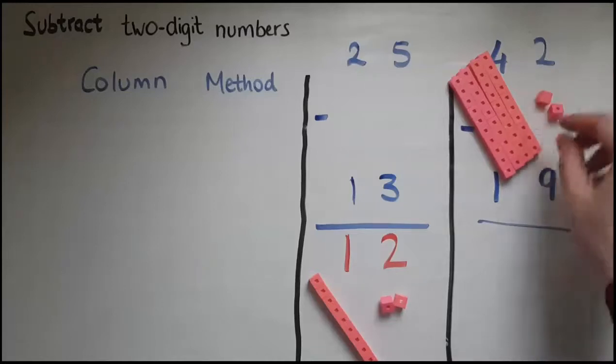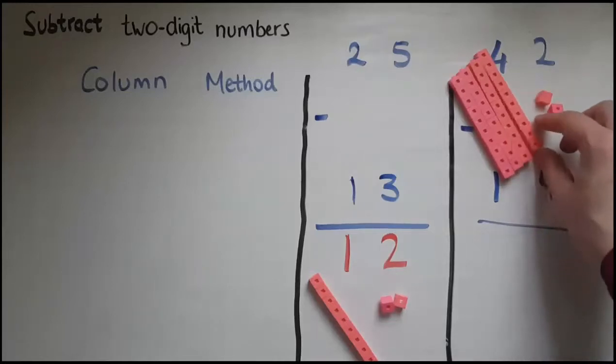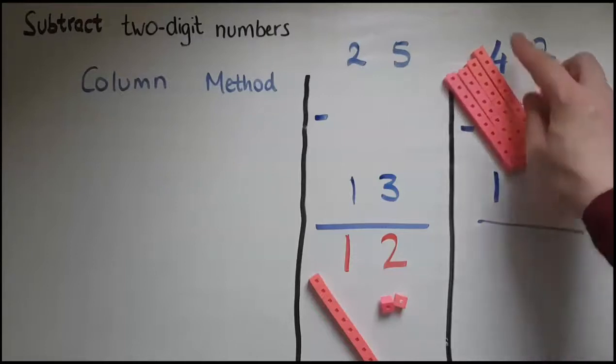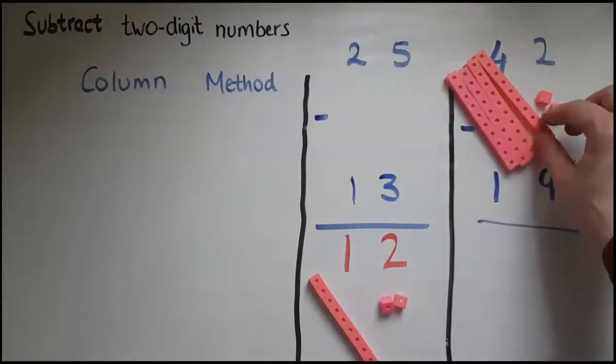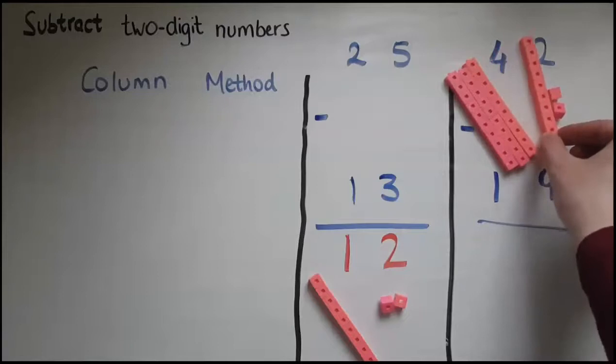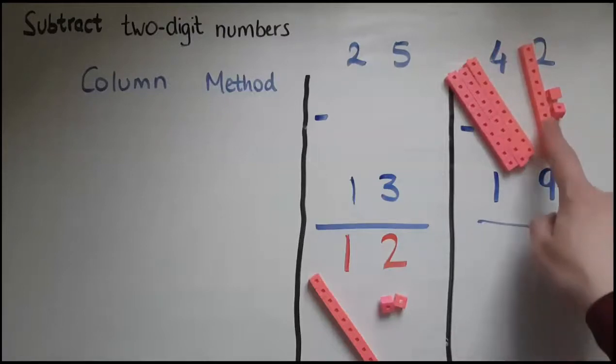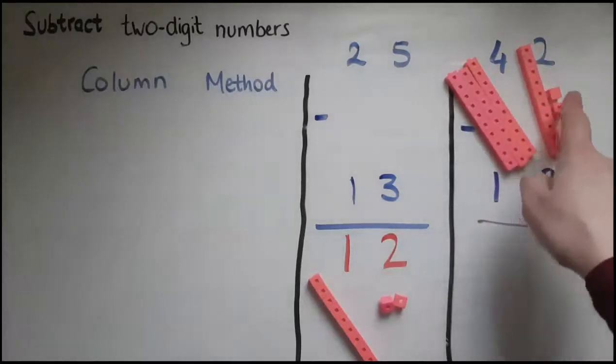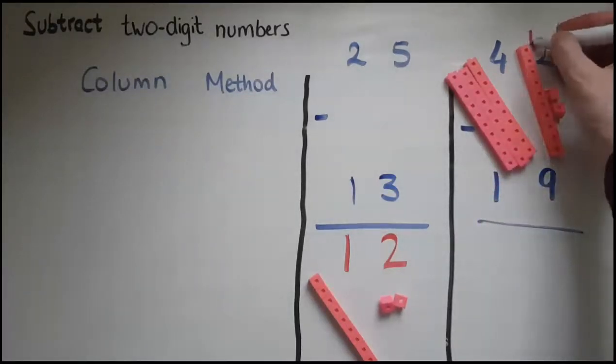So what I will need to do is borrow a set of 10 or a lot of 10 from the 10s here, which means that I'll transfer this over to the units. So that has now become 12 because I've got 10 and the 2, that makes 12.